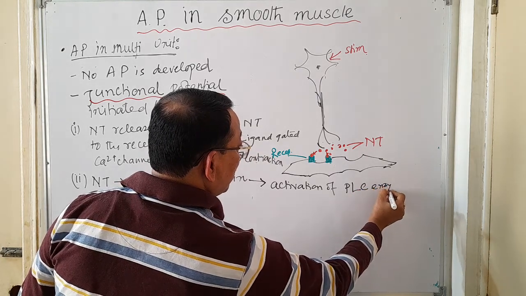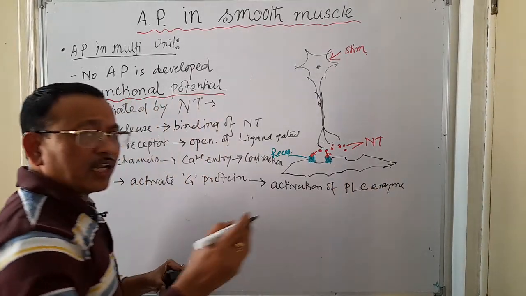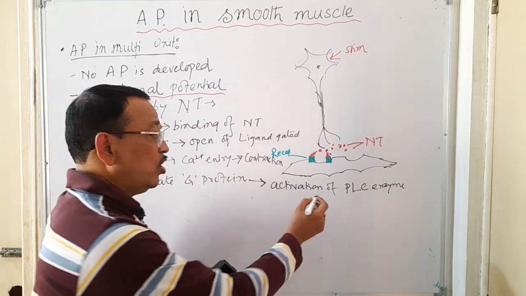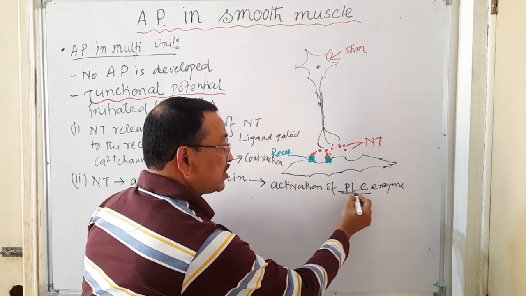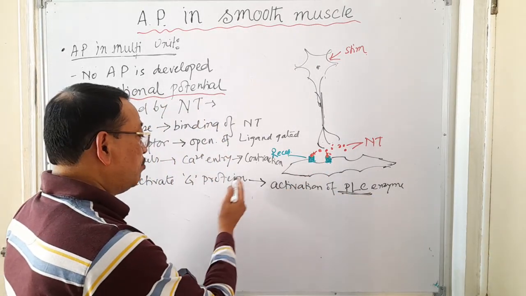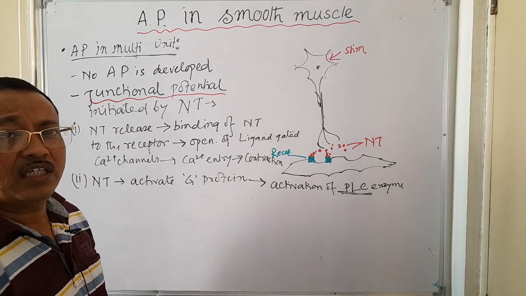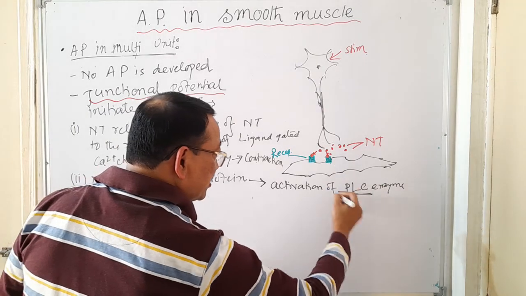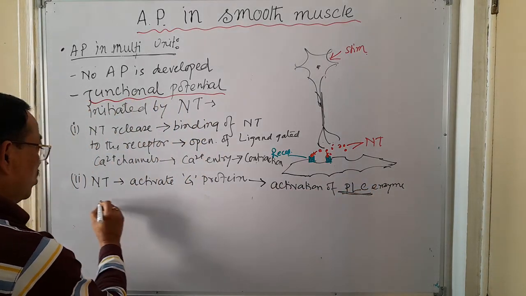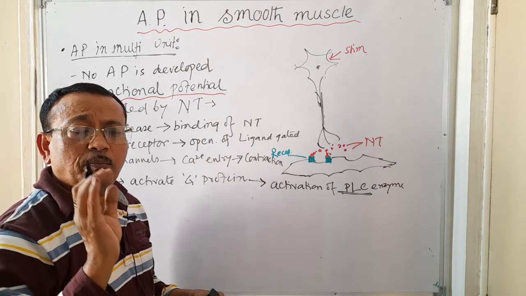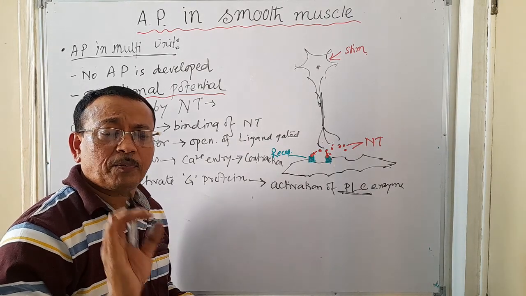Phospholipase C enzyme. So in the interior of the membrane, there is an enzyme that remains in inactivated form, which is known as the phospholipase C. This phospholipase C will now be activated by the activated G protein. Now what does this PLC enzyme do? This phospholipase C enzyme will cause the breakdown of the membrane phospholipids.